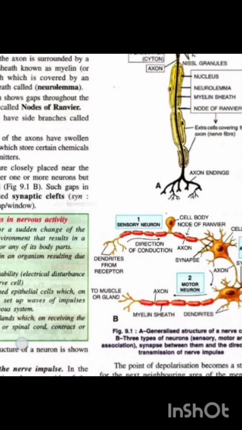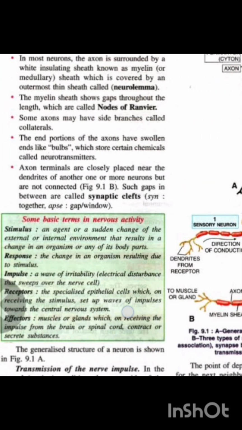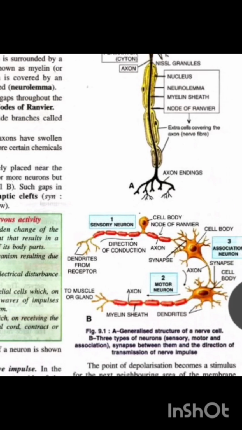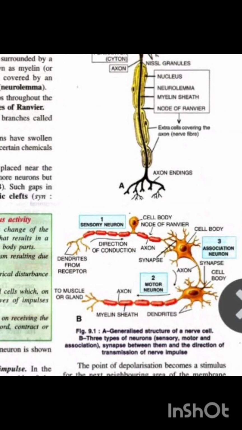And when the myelin sheath is talked about, you can also see in the diagram that the outermost covering layer of the myelin sheath is neurolemma, and also, as it is mentioned, the myelin sheath shows regular gaps throughout the length, and those gaps are called nodes of Ranvier.